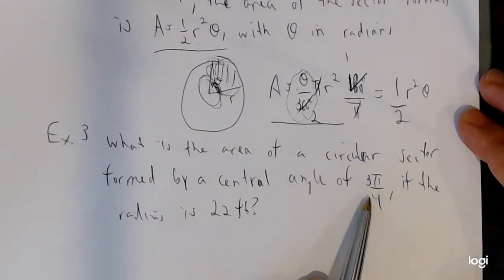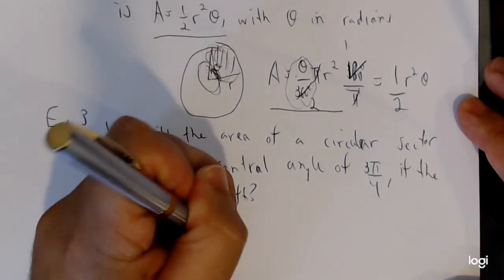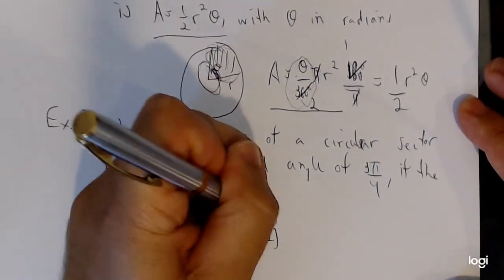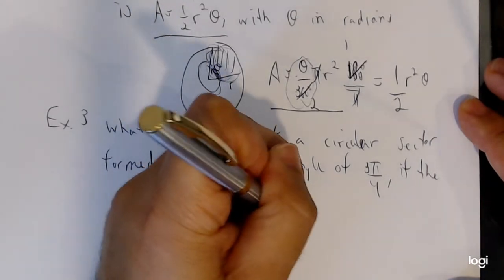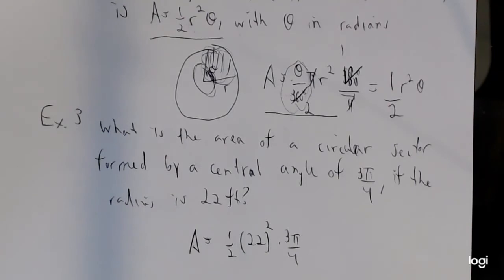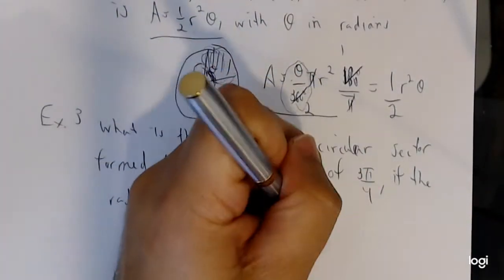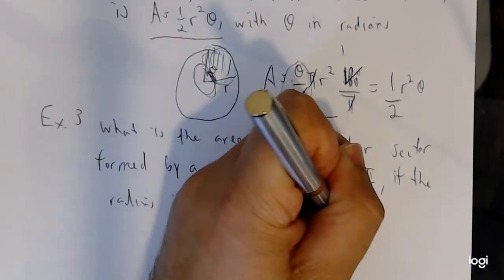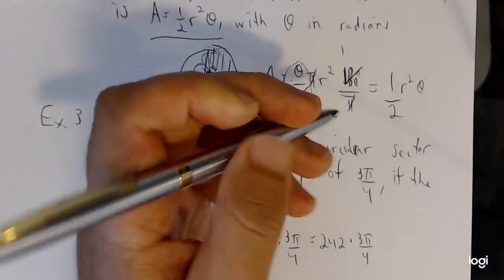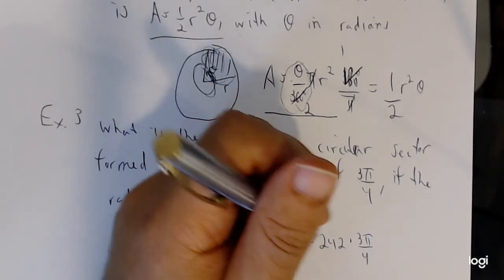We have the radius, we have the central angle, and it's already in radians. So the formula is 1/2 r squared, which is 22 squared, times 3 pi over 4. The rest is just simplifying. 22 squared gives us 484. Dividing that by 2, I get 242 times 3 pi over 4, and 242 can be divided by 2.